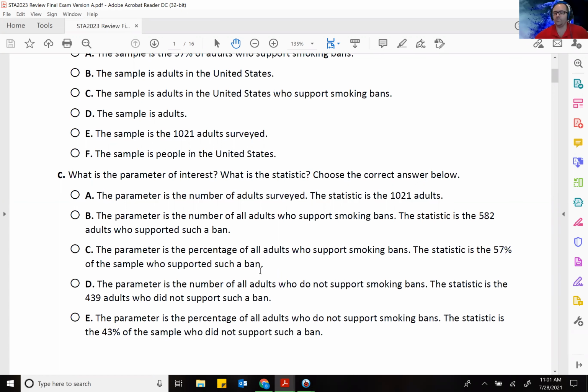And I agree with C. So the parameter and the statistic is talking about what we were looking at.